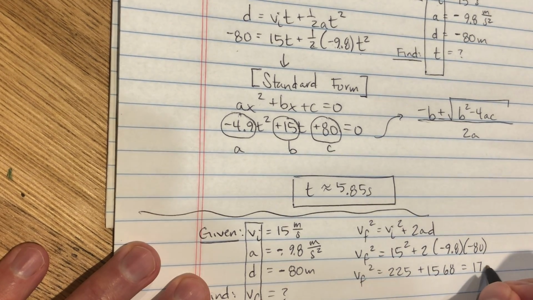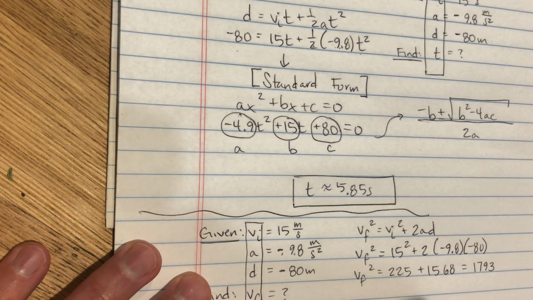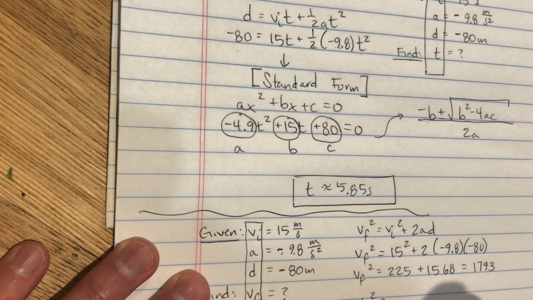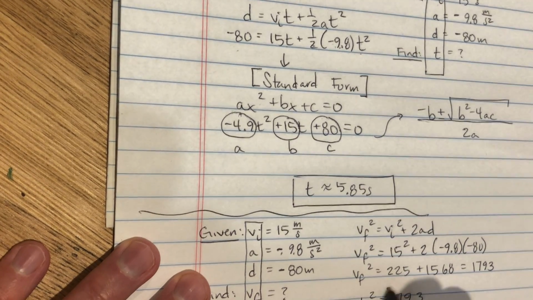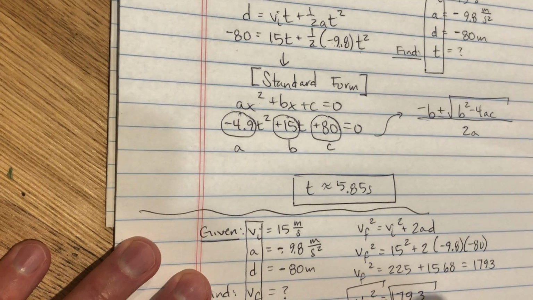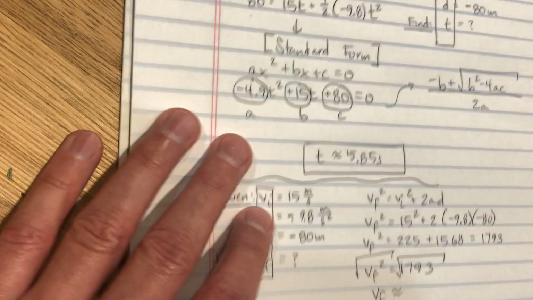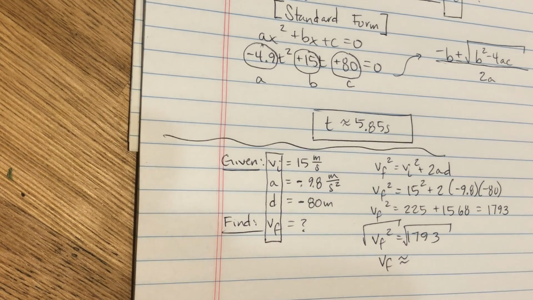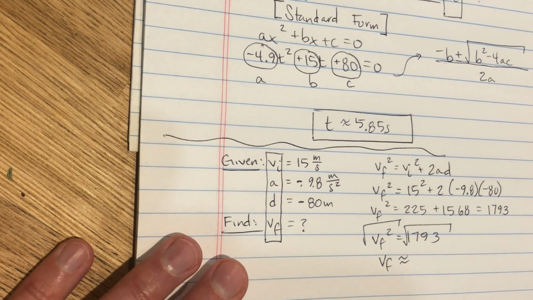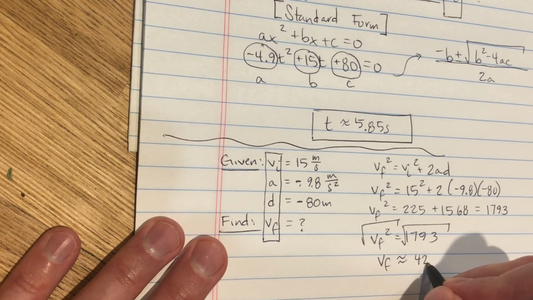So we have final velocity squared equals 1,793. So now we'll take the square root of both sides. And the final velocity is approximately a quantity of 42.3 meters per second.